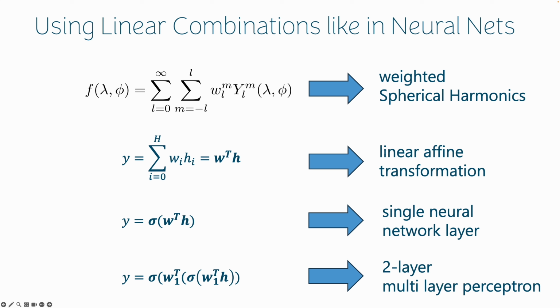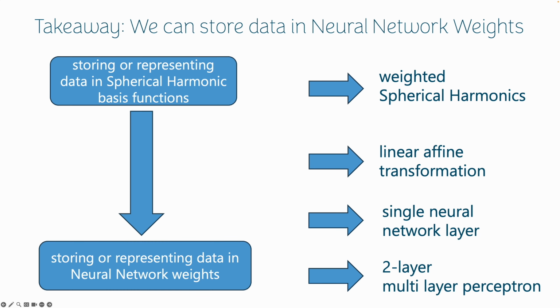Because for spherical harmonics, it's very natural for us to think about the weights and the harmonics to store data. But usually we use neural networks to do prediction or classification. But we can also use neural networks in this other way, of actually storing or representing data in the neural network weights. And you see mathematically, it's the same type of idea. You just use a different set of functions or different weights in a different configuration to store that information.